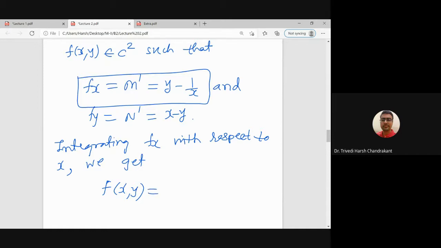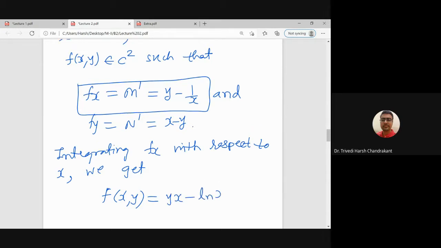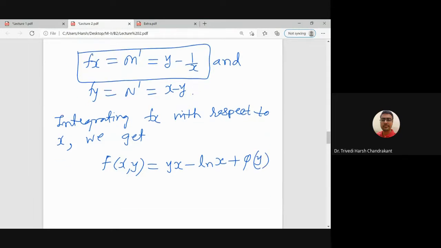So integration of y with respect to x is y times x minus log x plus constant. Now we are integrating fx, that means the constant will be a function of y, phi. And this is the solution, but we don't know what phi is.